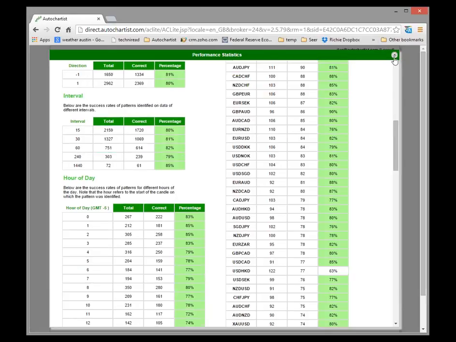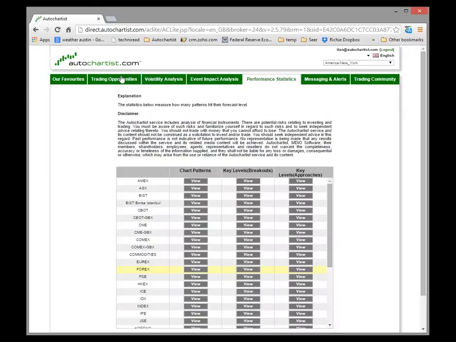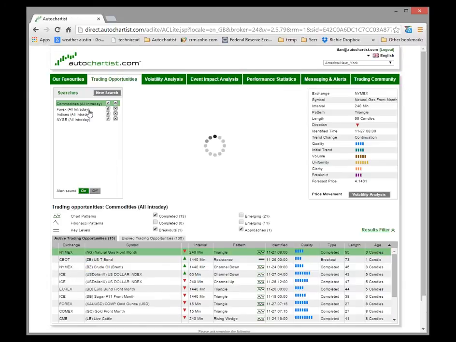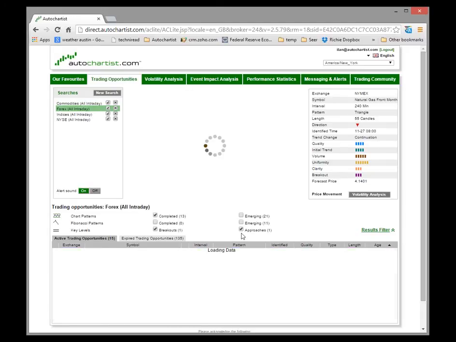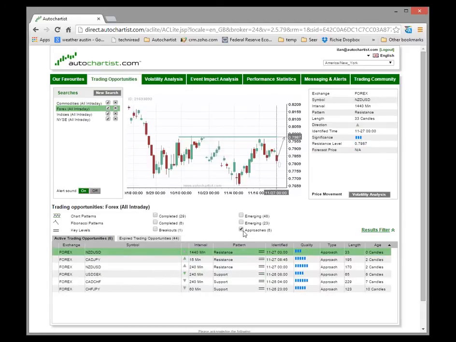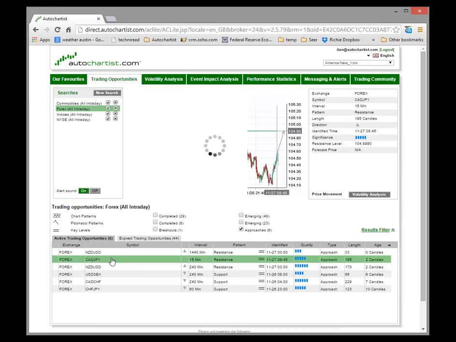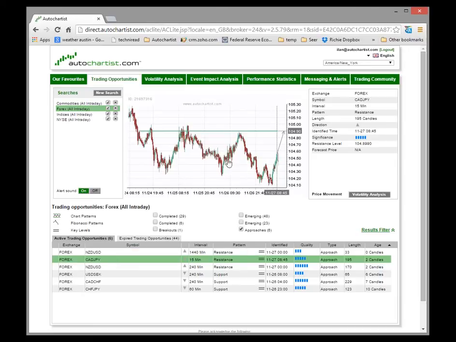Okay, and what I want to show you as well in relation to that is I'm going to quickly switch screens to a section on Autochartist called volatility analysis. I want to quickly show you the reason for that. Here is the volatility for every hour of the day for Euro USD.